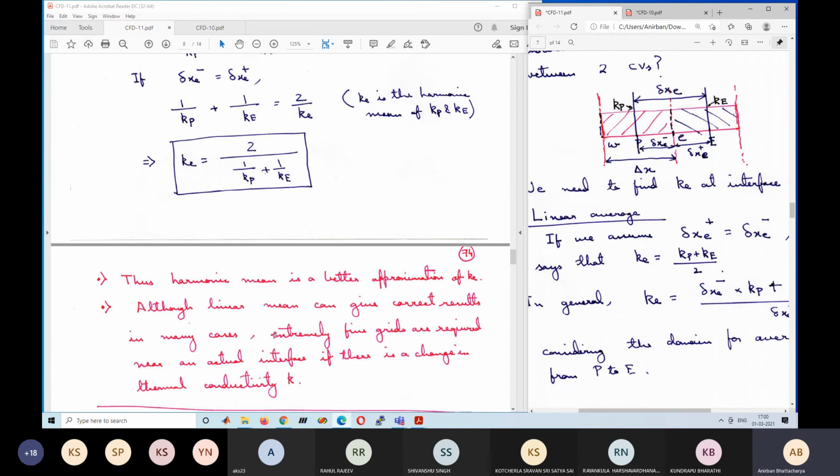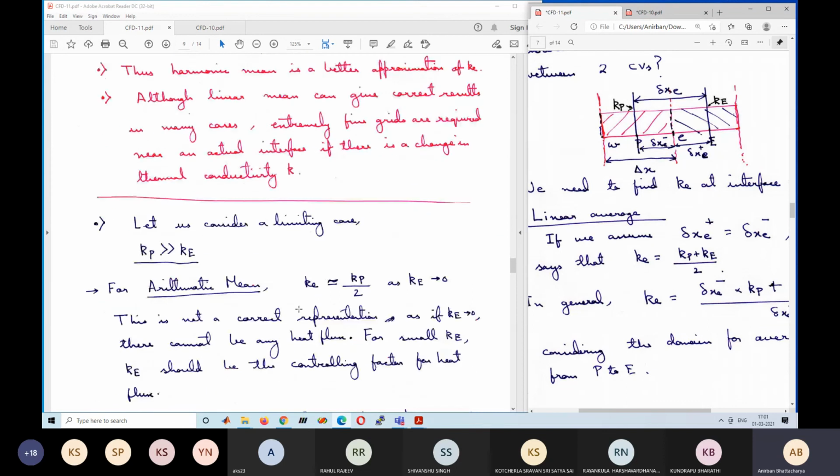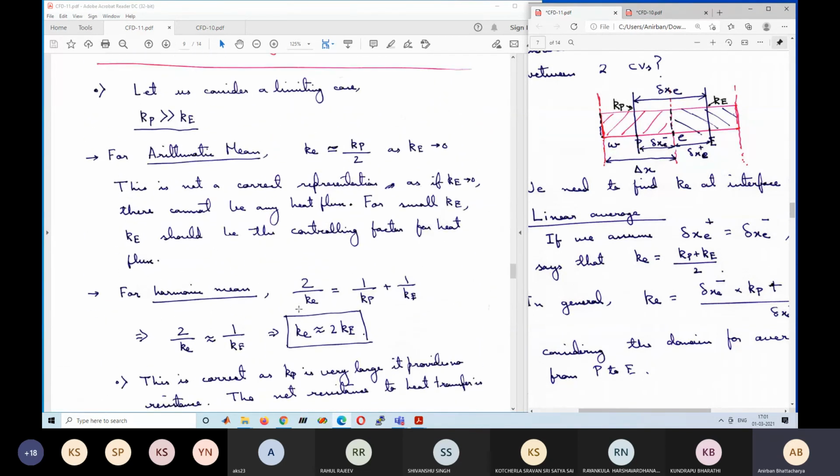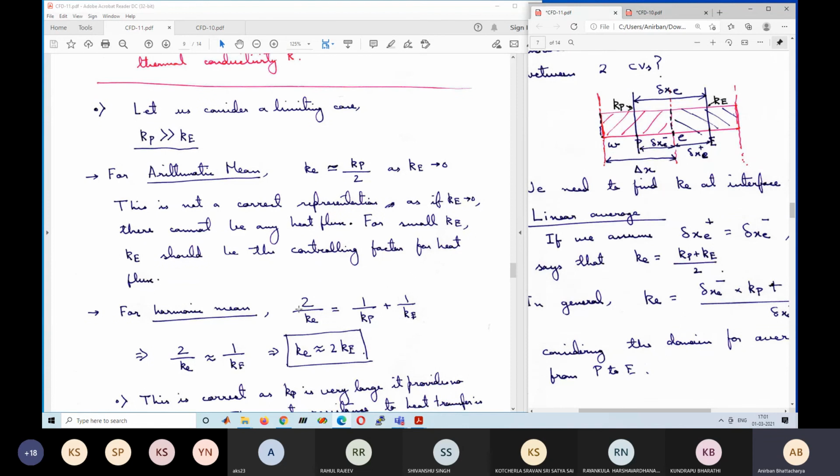You need a very fine grid spacing, means very small grids, to resolve the conductivity accurately, otherwise it will give a problem. But if you take harmonic mean, even if you have fewer grid points, still you will get an accurate, physically consistent solution. Okay, this we will make clear. I will make clear by showing you an example. With this we will stop today with this example.